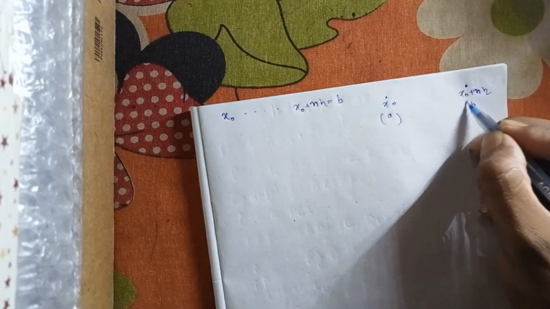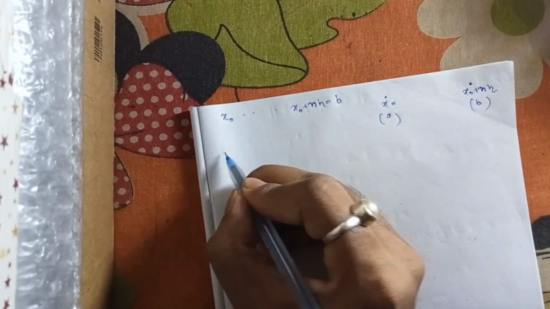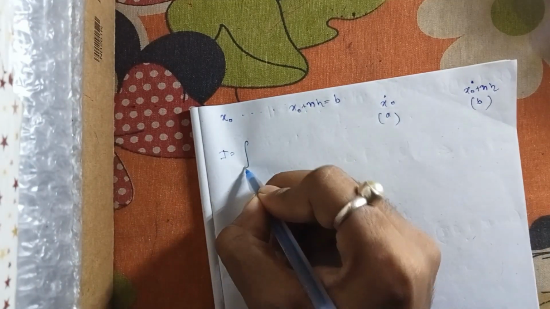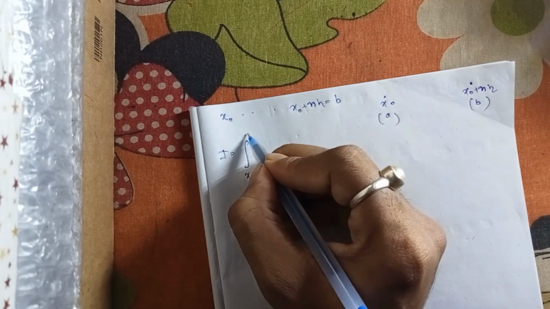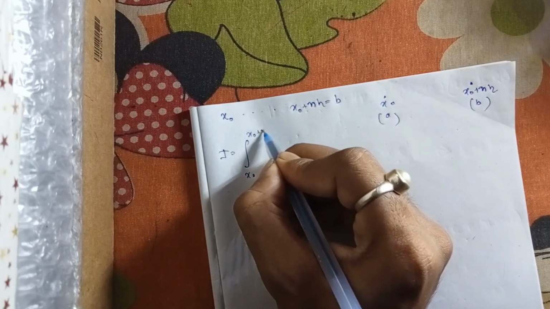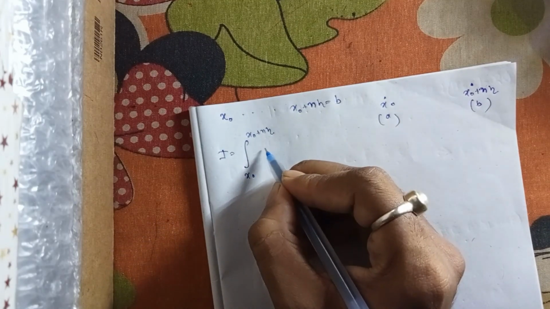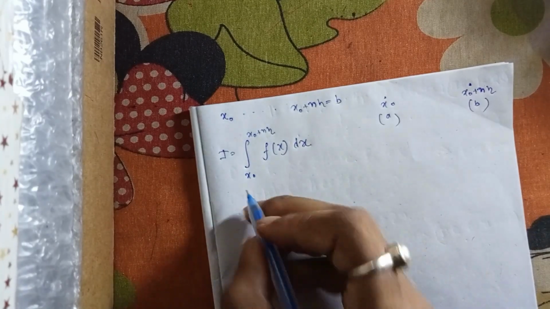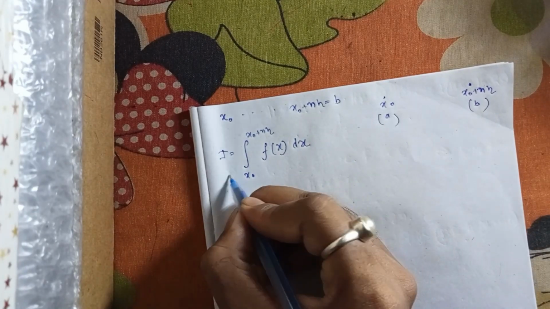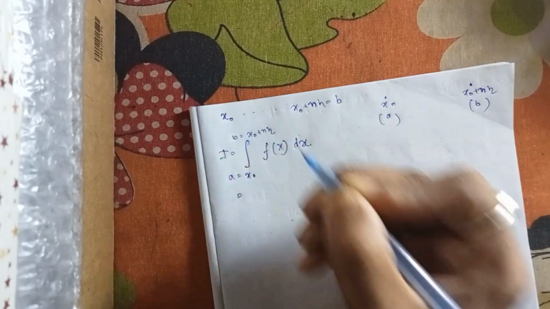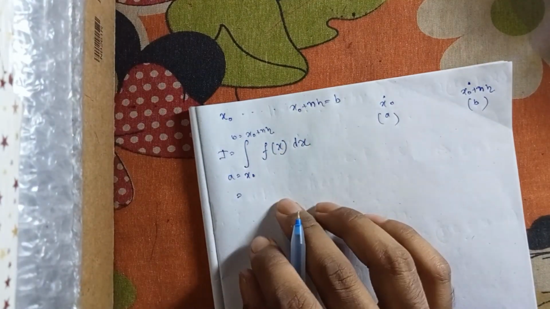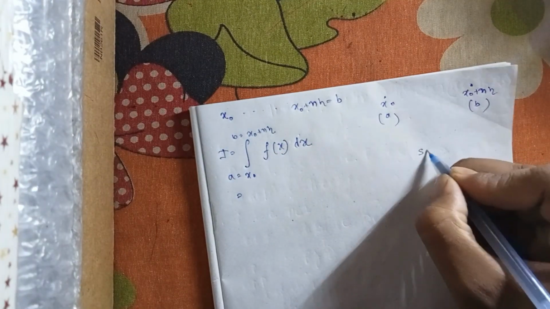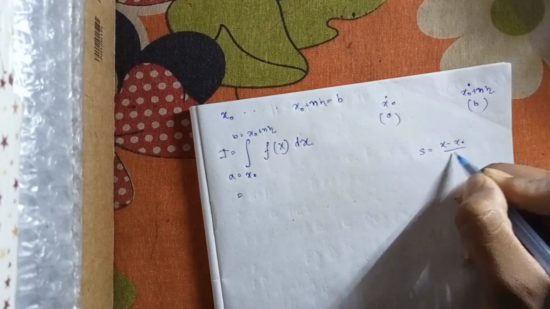Now our integration means I equals the integral from x0 to x0 plus nh of f of x dx. This is a and this is b. By this way we know that s equals x minus x0 over h.